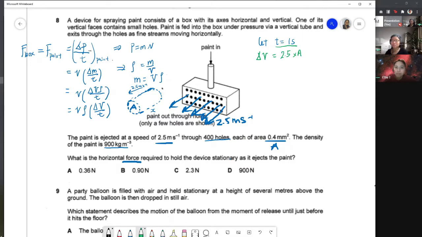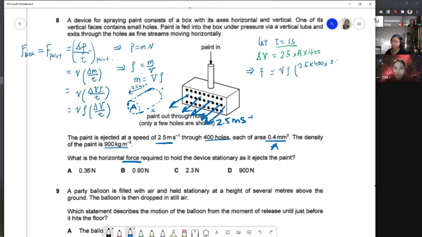And you have how many holes? Because this is for one hole. 400 holes. So we can substitute now. Hence, your force on your paint will be the speed, the density, change in volume: 2.5 times 400 times A.